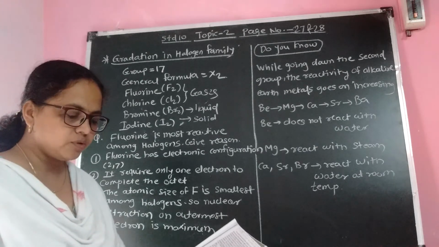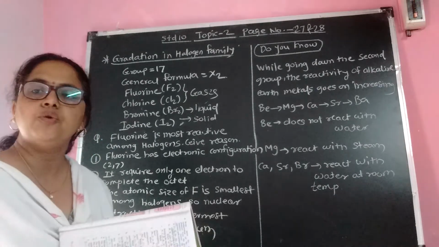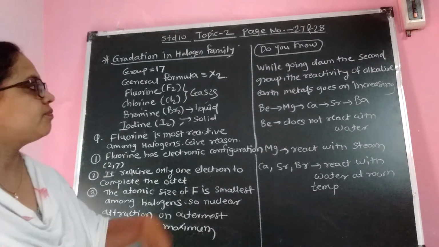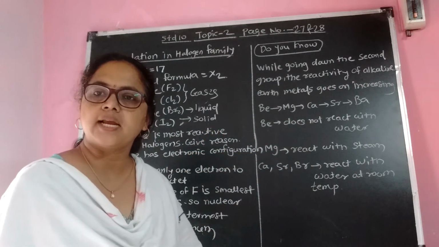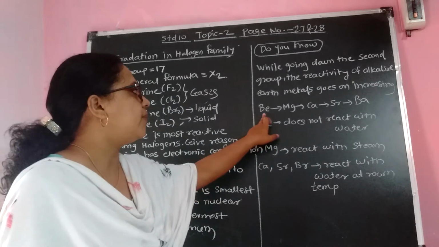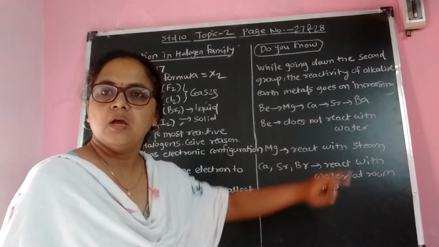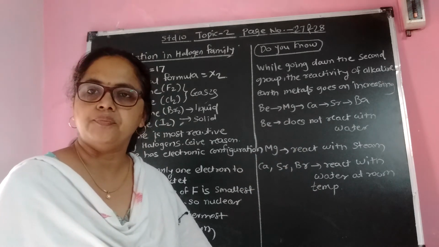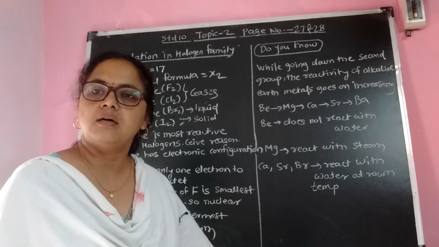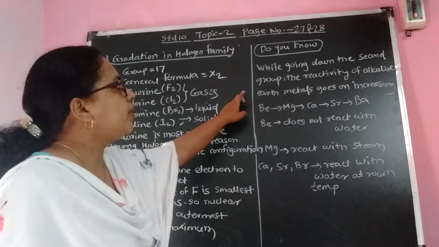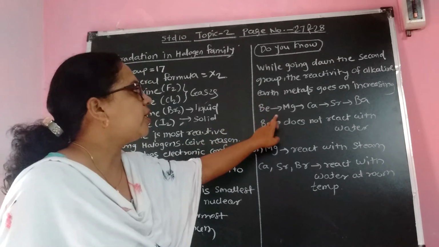Then if you see page number 28, the last point is given. In that, one point is given about the second group. If you see the second group, these elements are present: beryllium, magnesium, calcium, strontium and barium. All these elements are present in the second group. These are called alkaline earth metals. While going down the second group, reactivity of alkaline earth metals goes on increasing.